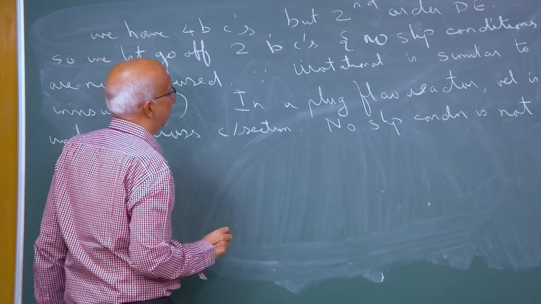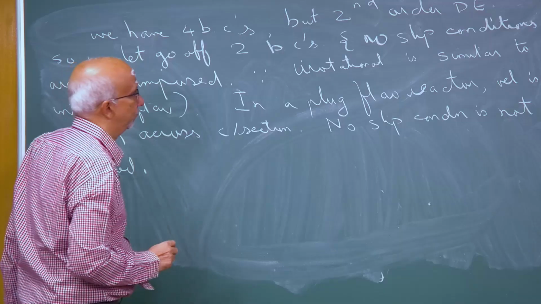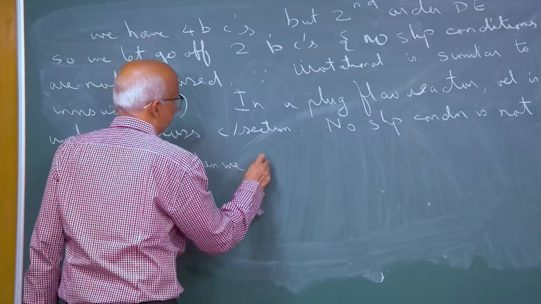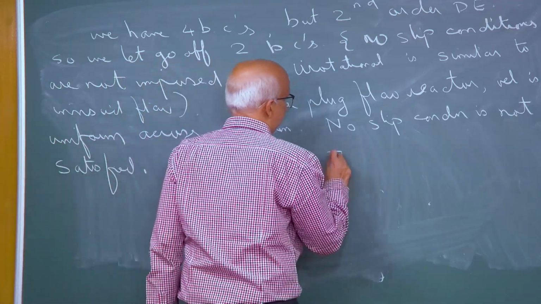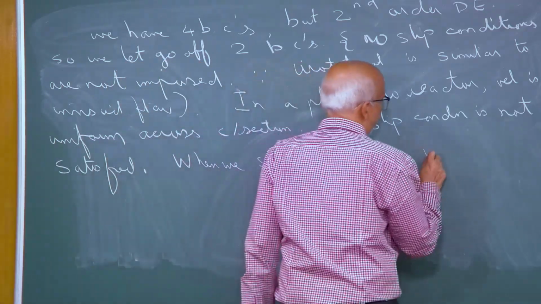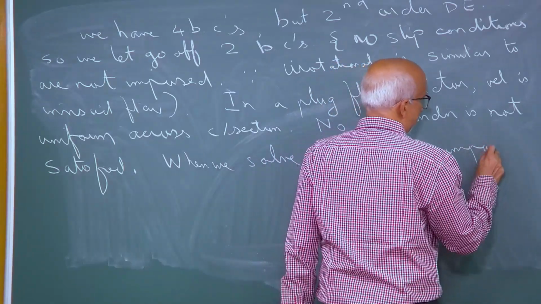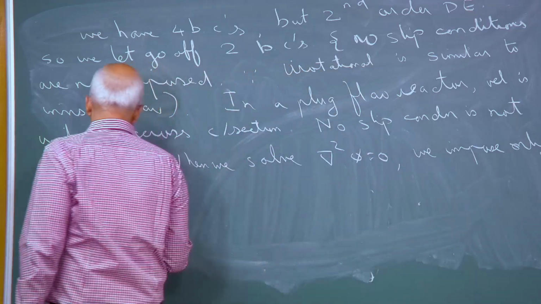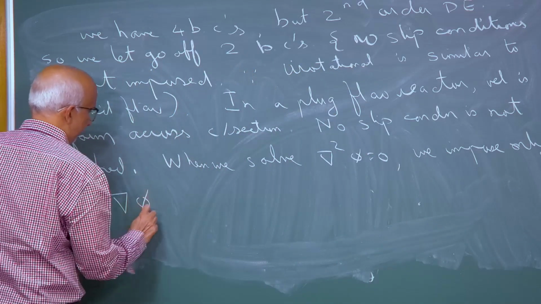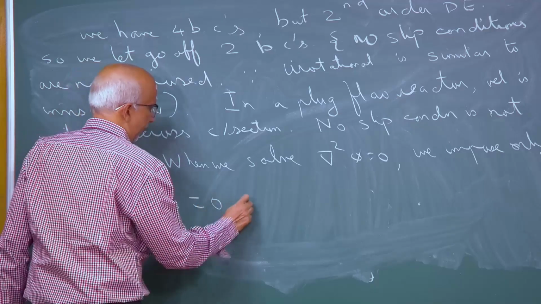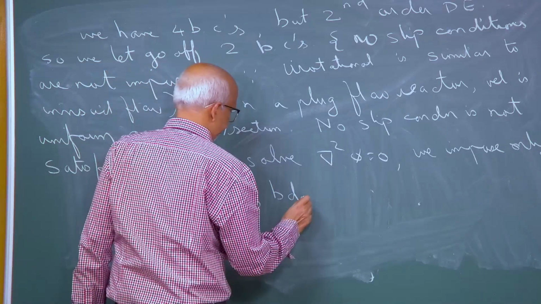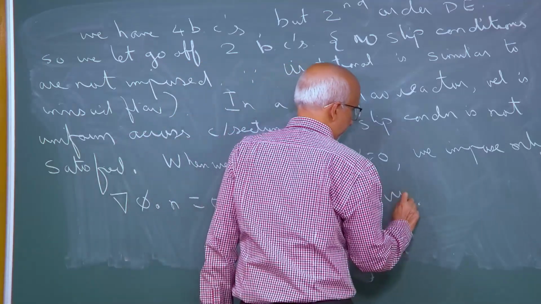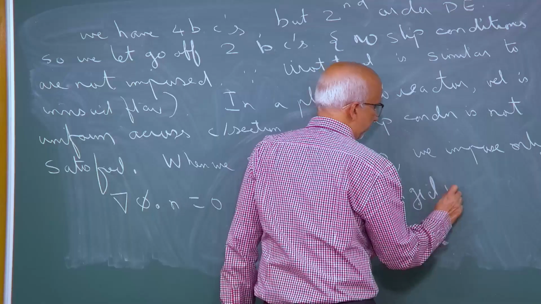So, okay. So, now when we solve del square phi equal to 0, we impose only the del phi dot n equal to 0 as the boundary condition on a rigid wall.